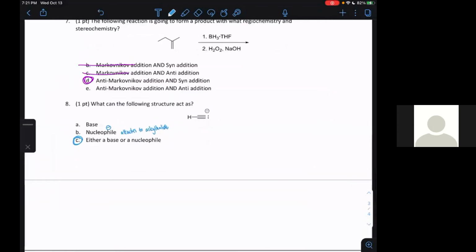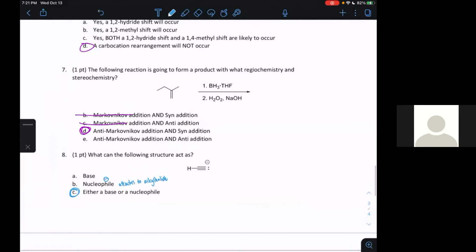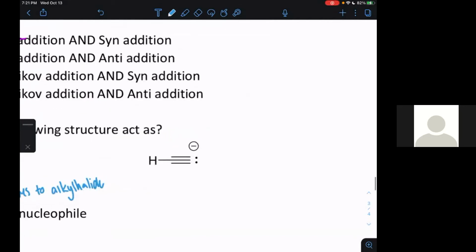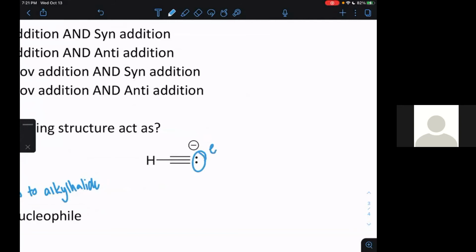So what would show that it's a base? The negative charge. Oh, so that's not for a nucleophile? It also is a nucleophile. It just depends on what it's doing in your reaction. It's kind of hard to explain.